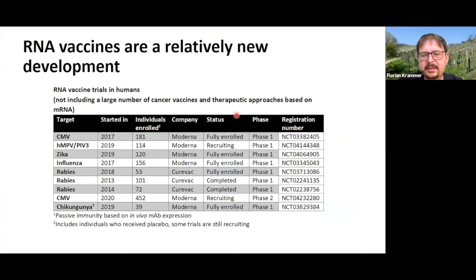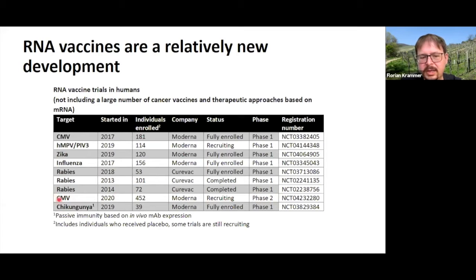And these RNA vaccines are a relatively recent development. They have been in clinical development, meaning there are clinical trials with them, since 2013 for many different infectious diseases. And one for cytomegalovirus is now moving forward into phase 2. So this is getting developed further.